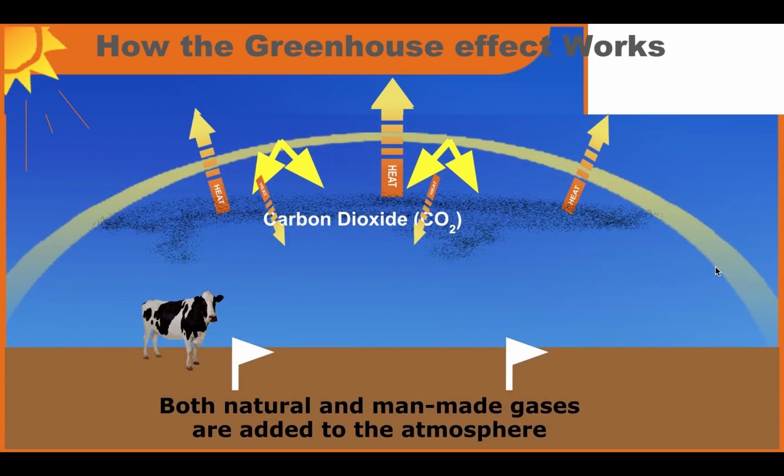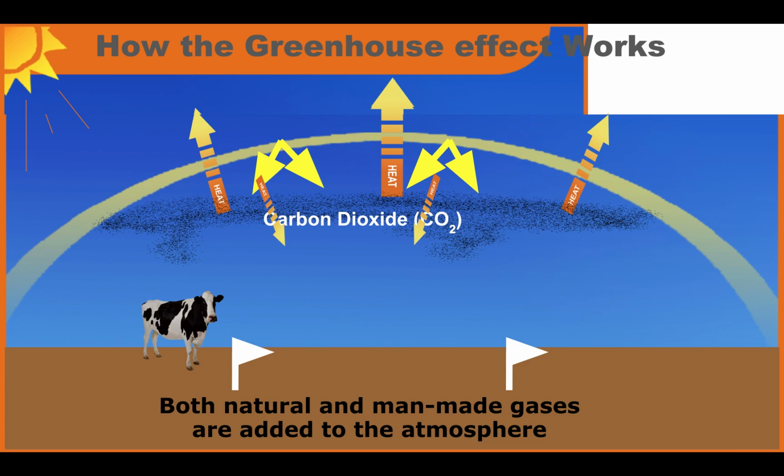So, a reminder of how the greenhouse effect works. Already there are some greenhouse gases in our atmosphere just naturally, from cow farts, from animals breathing, the water vapor that was naturally in our atmosphere. There are already some greenhouse gases, and that's okay.